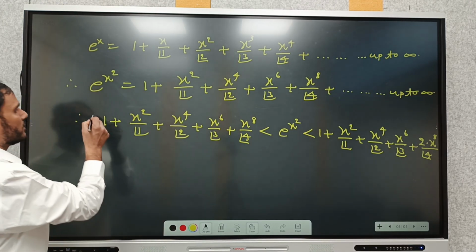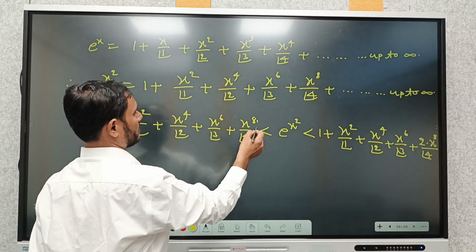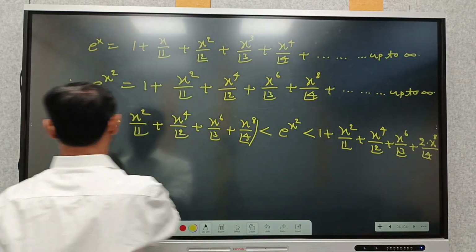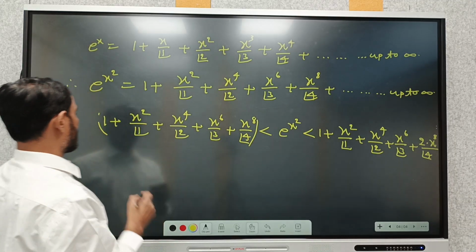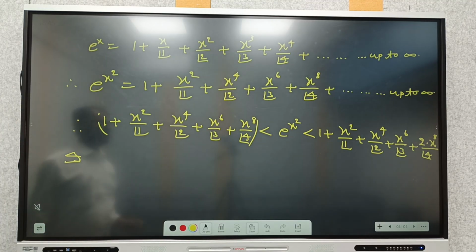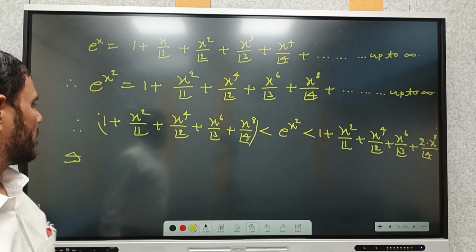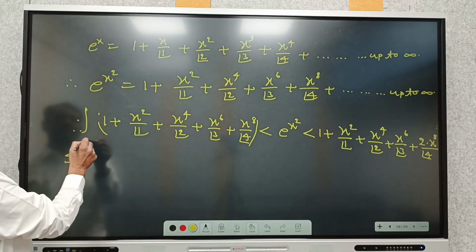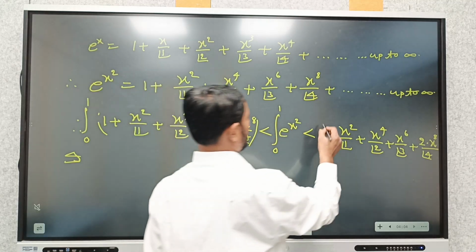Now what should we do? Integrating both sides from 0 to 1. After integrating both sides from 0 to 1, we put the integration sign here, with respect to x.